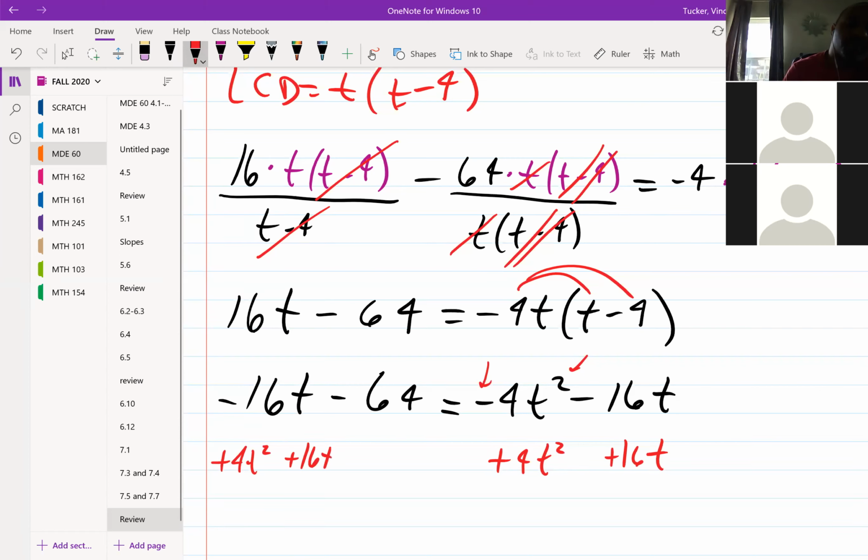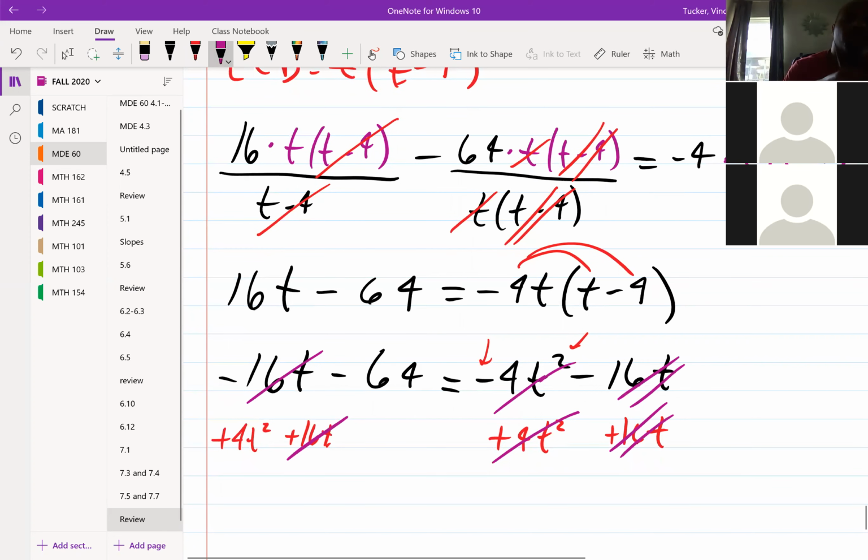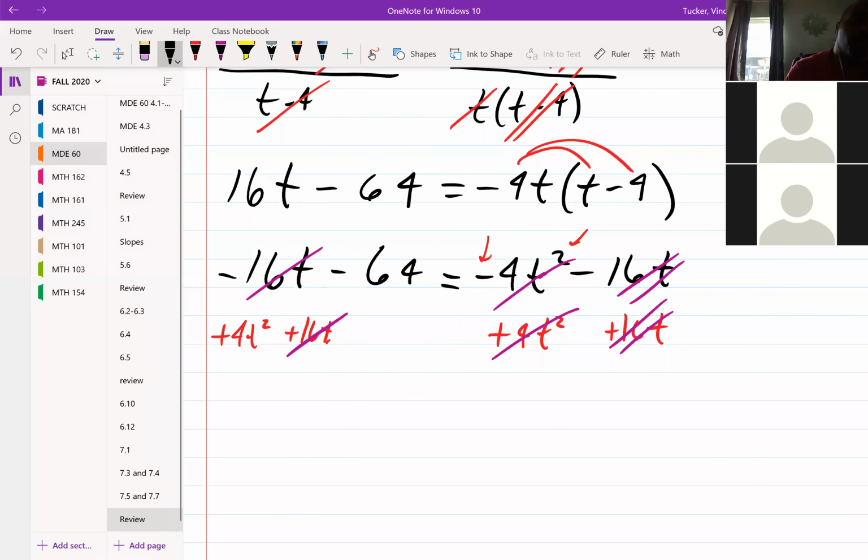Set my right side equal to 0. So these will cancel. These will cancel. And also, these will cancel. Leaving me with 4t squared minus 64 equal to 0.